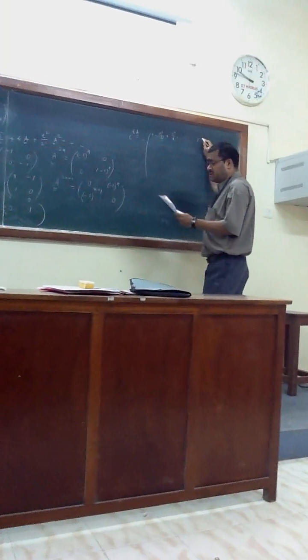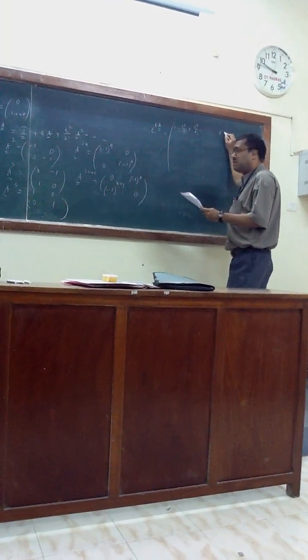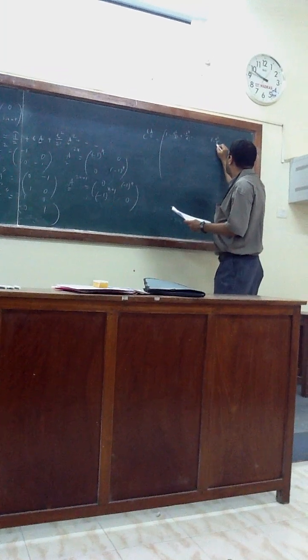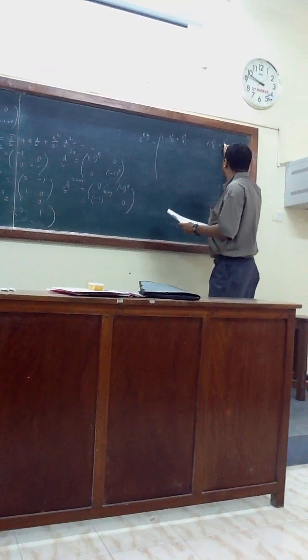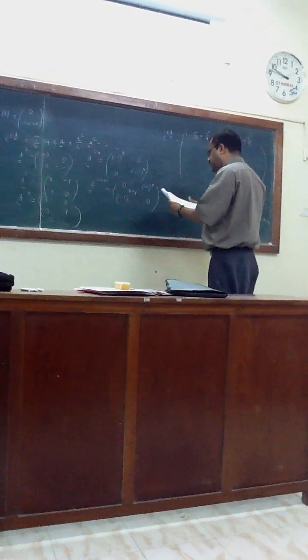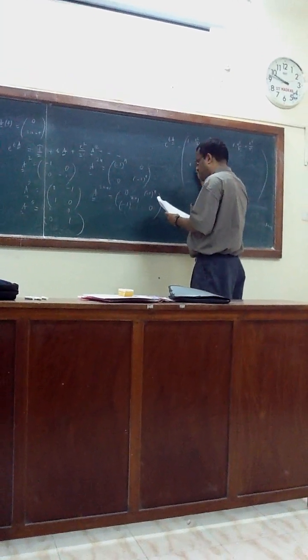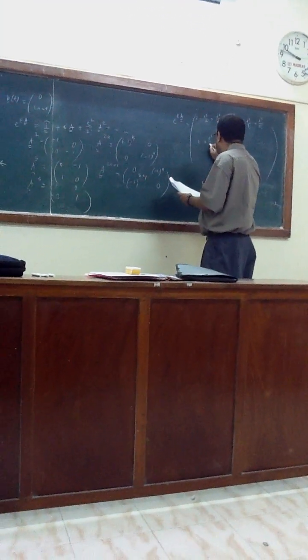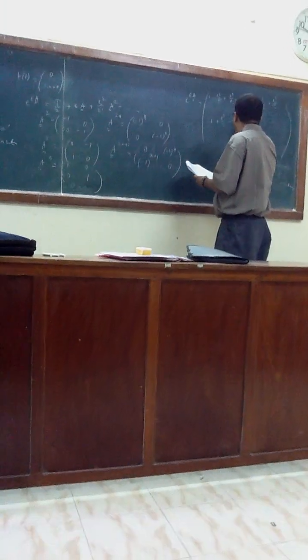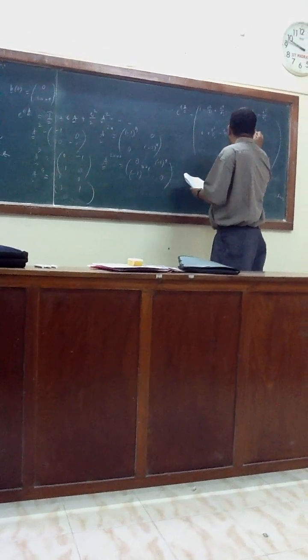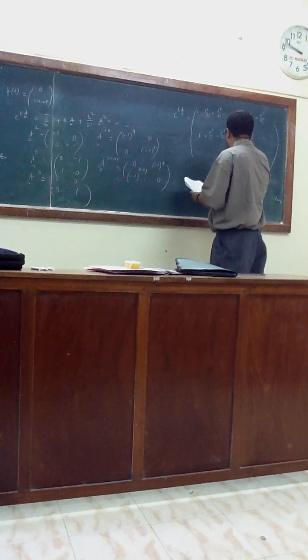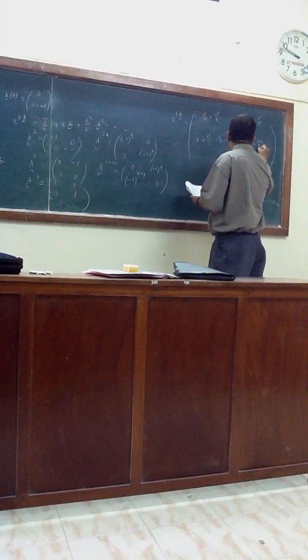Plus T then? Minus T cube by 3 factorial. Plus T to the power 5 by 5 factorial. Next is minus T plus T cube by 3 factorial minus T5 by 5 factorial. T minus T square by 2 factorial. It will go on. Plus T to the power 4 by 4 factorial.